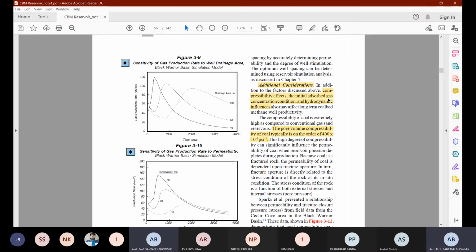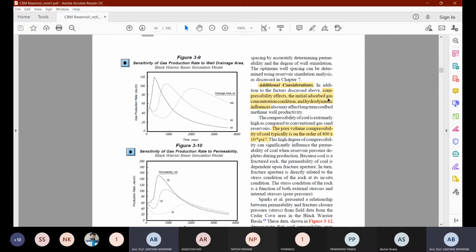It is very difficult to say unless you do laboratory testing. It is not very easy to say. That will be estimated from the desorption isotherm or the adsorption isotherm. Generally, it is the desorption isotherm for a particular reservoir. We will see that at a later stage.